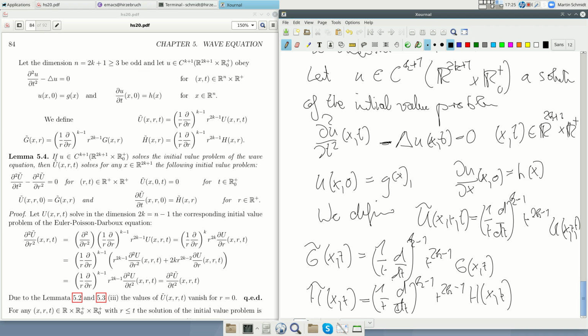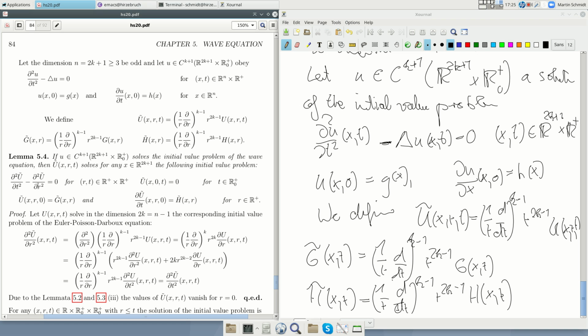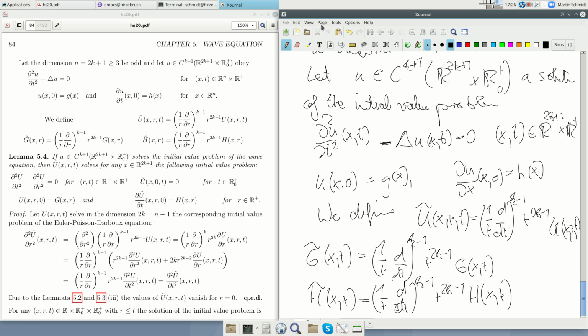And then now we have a lemma, and the claim is that this new function u tilde now solves the initial value problem of the one-dimensional wave equation with this boundary condition. Okay, so let's check this.